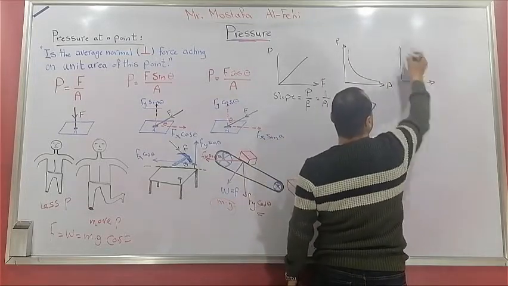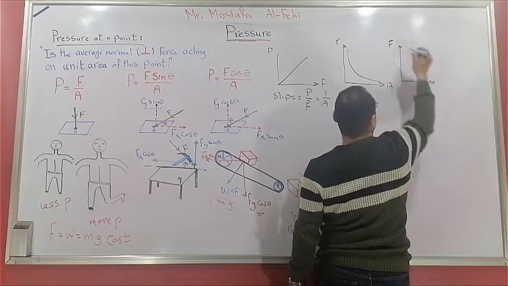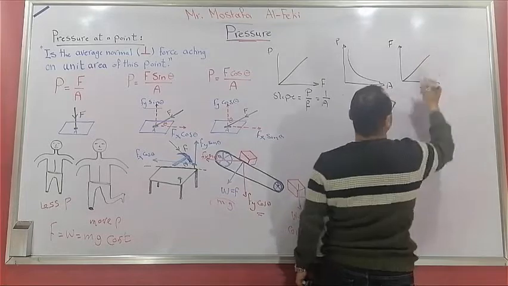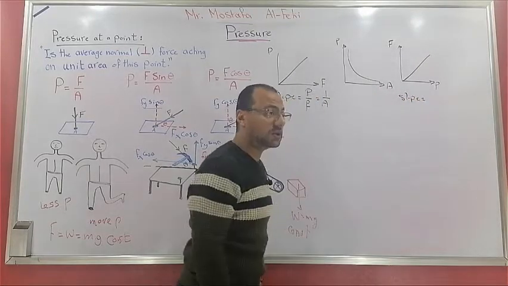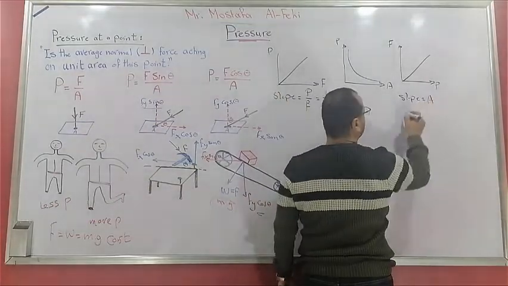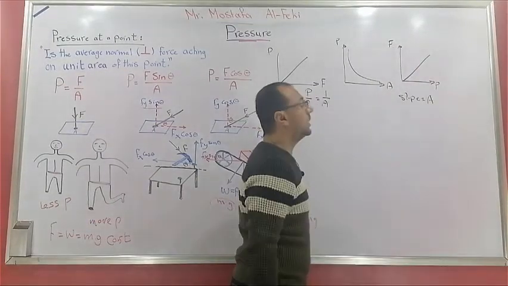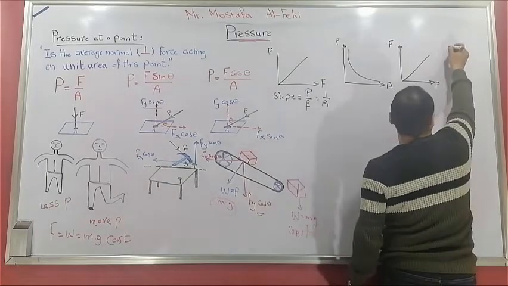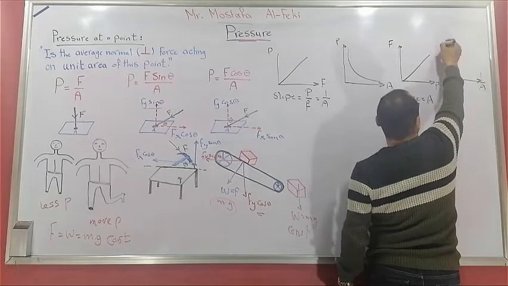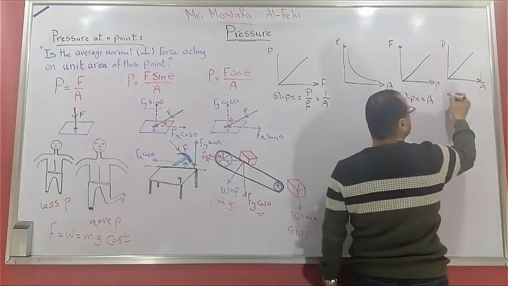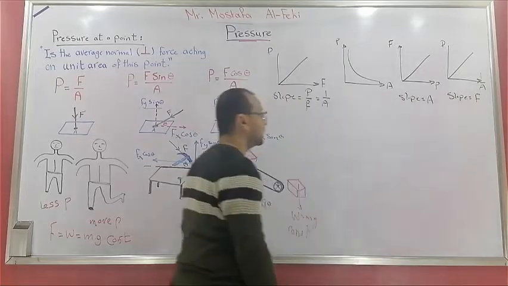Then the relation between force and the pressure is directly proportional, and the slope equals what? Slope equals area, because F divided by pressure equals area. Then the relation between the pressure and 1 over area is directly proportional, and the slope equals F.